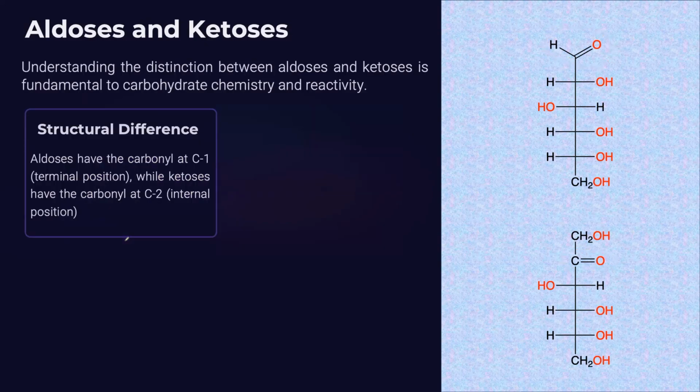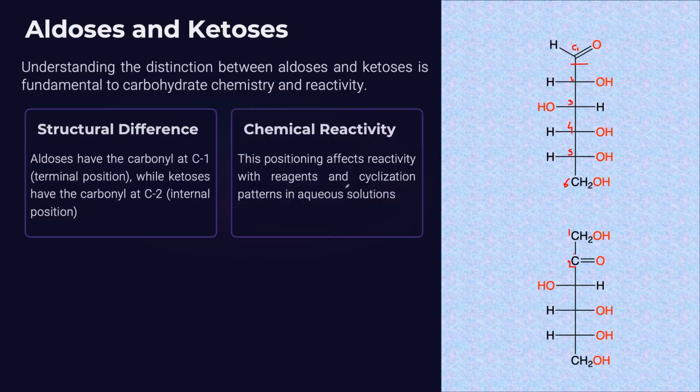Now, this is based on structural difference, right? The main difference between aldehyde and ketone is that we have an aldehyde group and a keto functional group. Second is the C1 carbon here. If you label 1, 2, 3, 4, 5, 6, the aldehyde group is at C1, whereas if I label 1, 2, the keto group is on carbon 2. That is one of the structural differences.